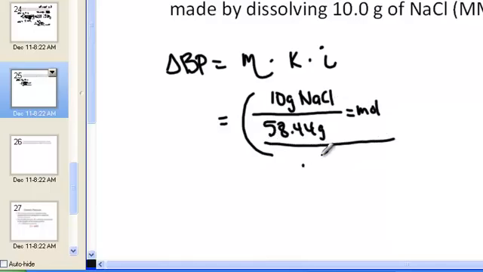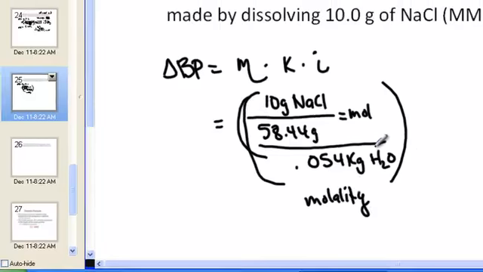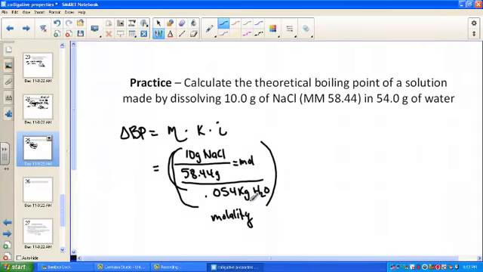Moles per kilogram of water. This entire parenthesis is the concentration unit as molality. Moles per kilogram. So all in one parenthesis, I'm just setting up the algebra to determine the concentration unit, molality.